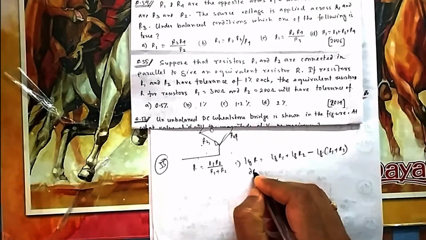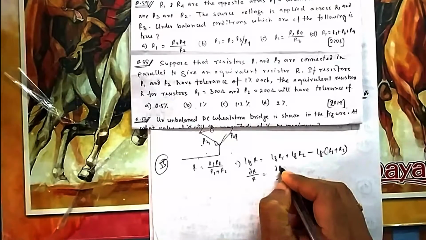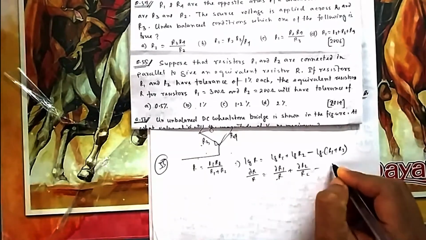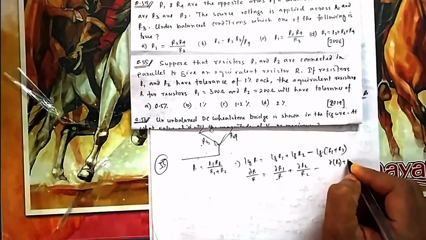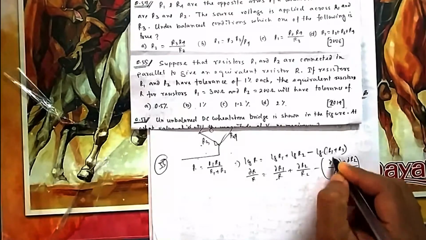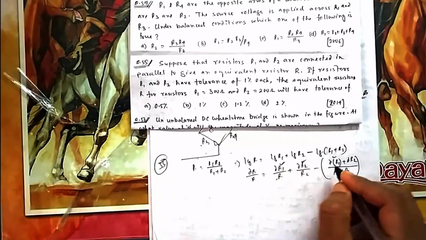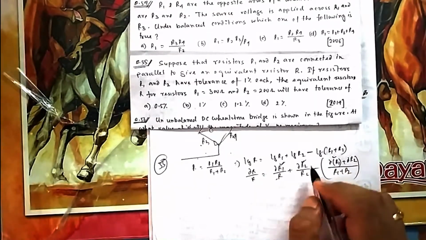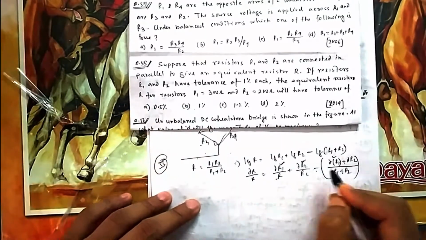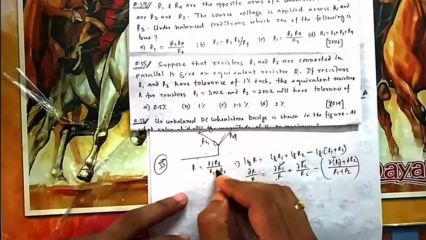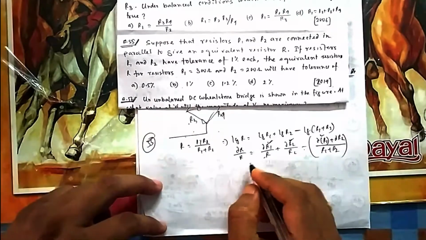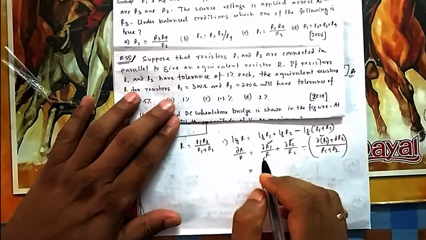If you differentiate, it will be dR by R, dR1 by R1, dR2 by R2 minus (dR1 plus dR2) divided by (R1 plus R2). Because if you take this plus, these two remain the same, so it remains minus. Otherwise, this can be plus, this can be plus, this can be minus also in normal X, Y, Z variables. In the extreme case, we take all positive. You can check that in earlier videos.